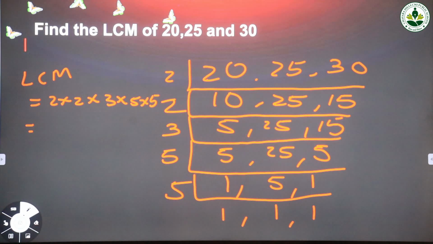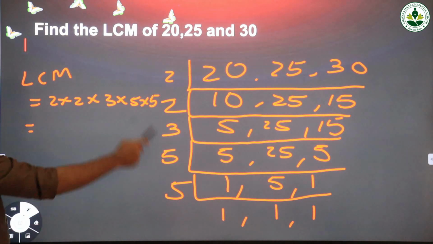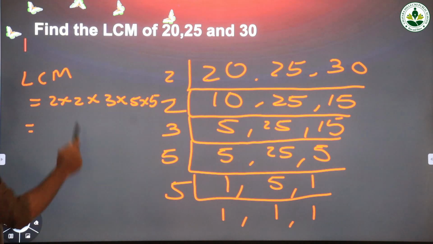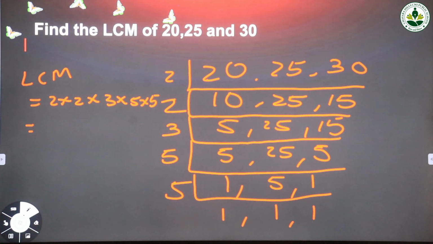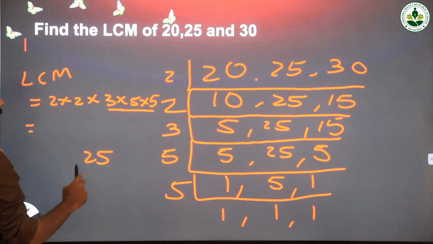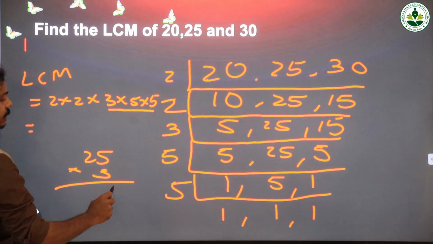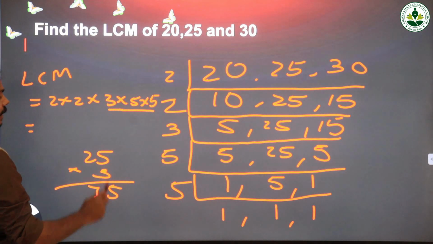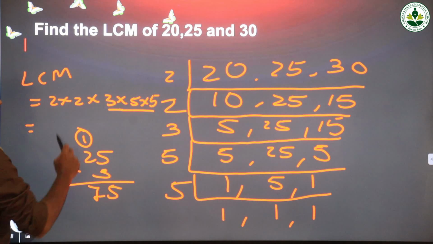5 into 5, 25, 25 into 3, 75, 75 into 2, 150, into 2, 300. Multiply. 5 5s are 25. 25 into 3, that is 75.